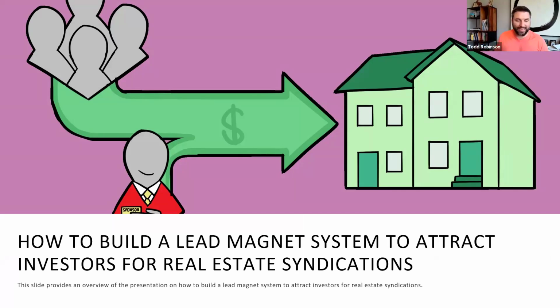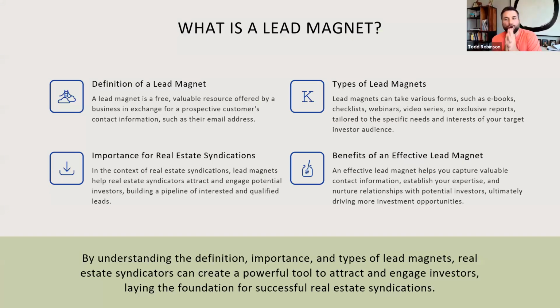So how do we build a lead magnet system? What is a lead magnet system? It's a system that offers a free and valuable resource by a business in exchange for the customer's contact information, such as their email address and phone number. No one sends letters these days, so their address isn't going to matter.